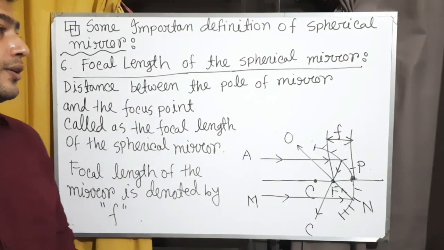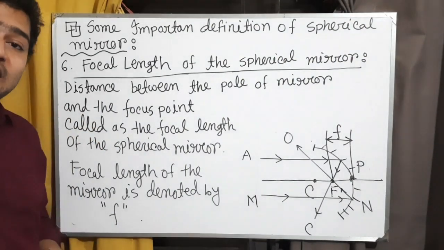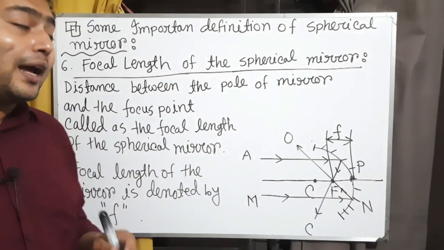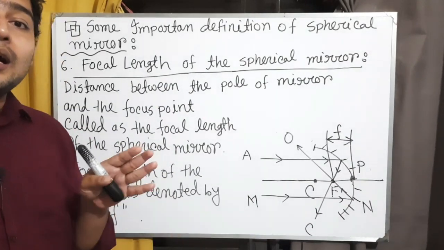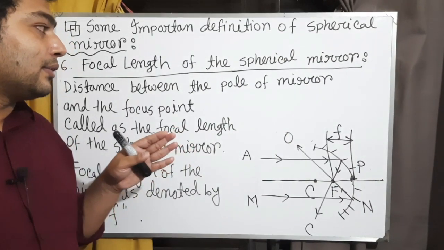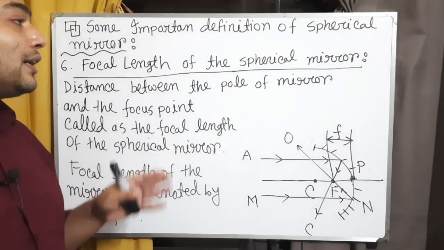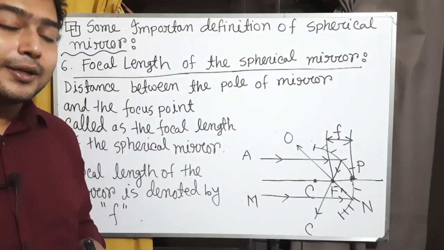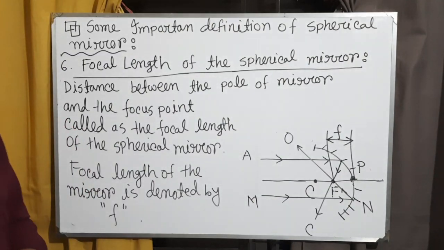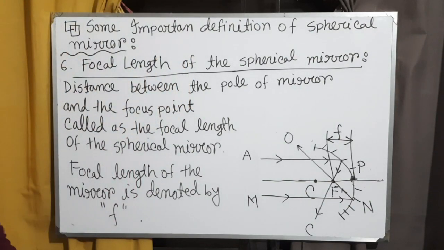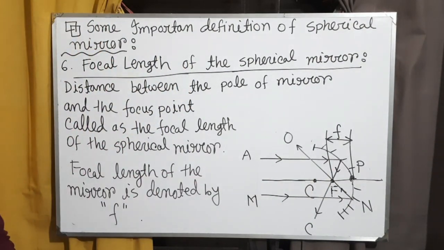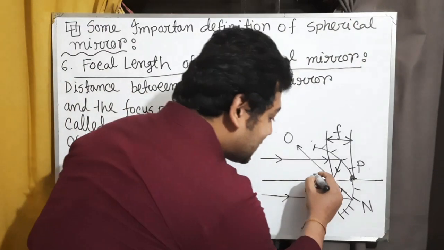These are very important definitions, and they can help us to study the image of the spherical mirror. Now in our next topic, we will look at the focal length f and the radius of curvature.